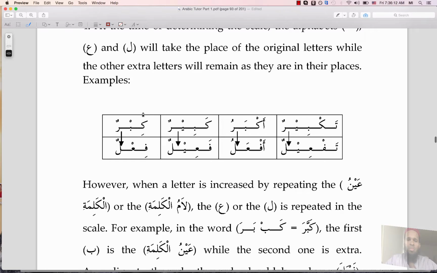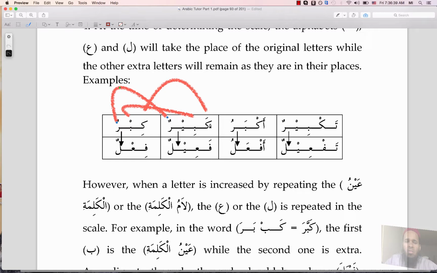So kibrun, fi'lun. Kabirun comes from fa'ala. If you look at it in this form, ka is ka, and then ba is over here, ba, and then you have your ra right here, ra.